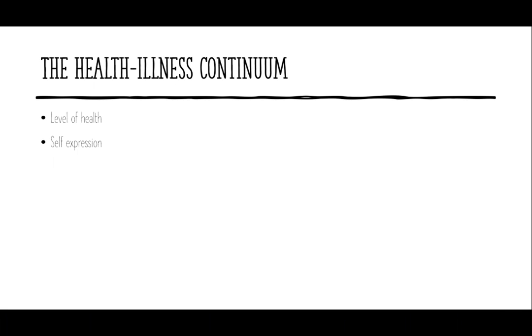The health illness continuum illustrates the process of change which individuals face in life, ranging from extremely good health to death. Clients adapt physically, emotionally, and socially, enabling them to maintain comfort, stability, and self-expression within them.